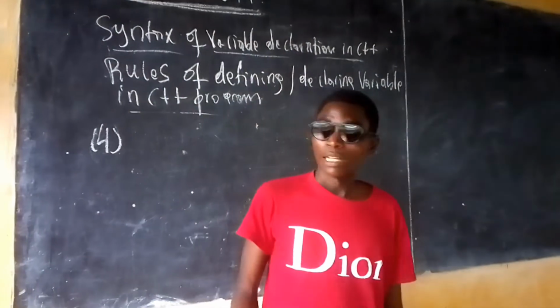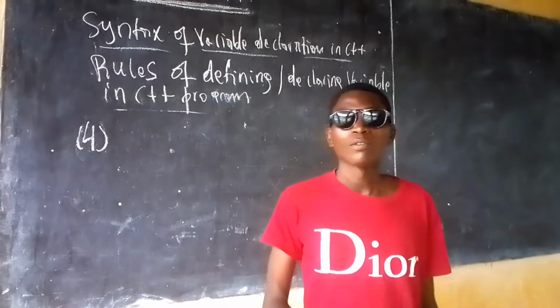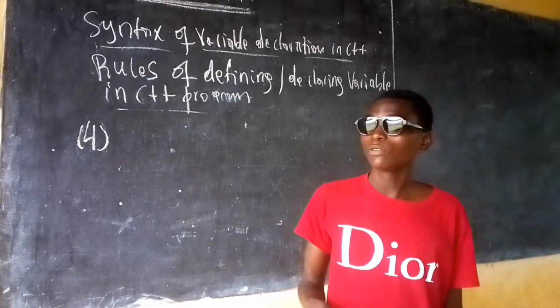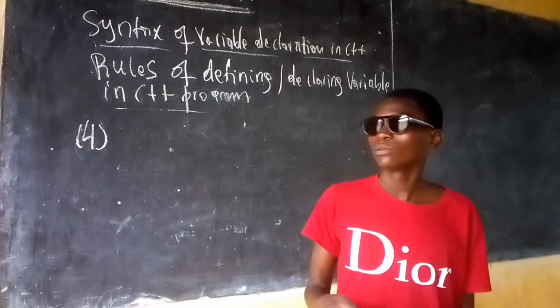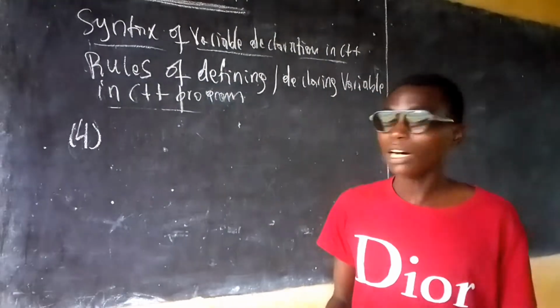So let's continue to the fourth rule. In C++, a variable must start with an alphabet or an underscore. A variable cannot start with digits or numbers.